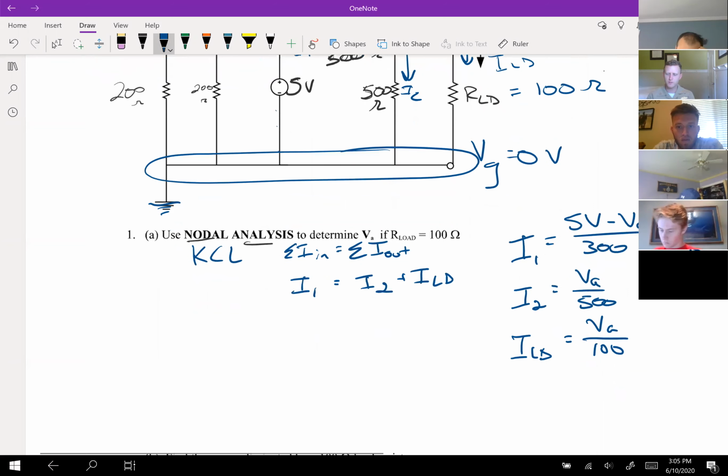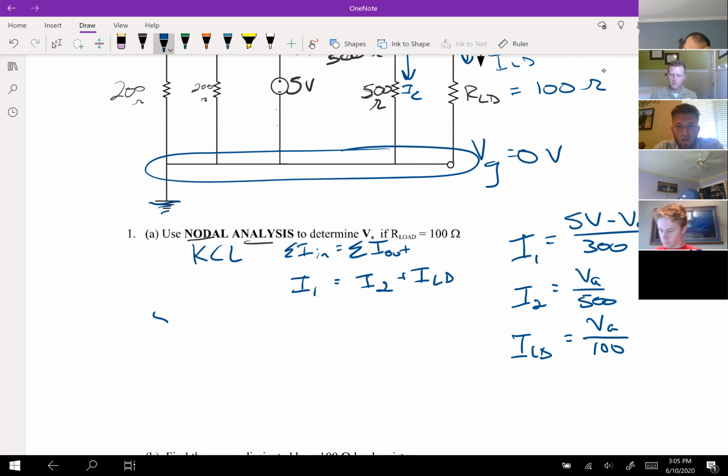So there's my 3 parts. I can plug them all in. 5 minus VA over 300, plug I2 in, VA over 500, plug I load in, plus VA over 100.